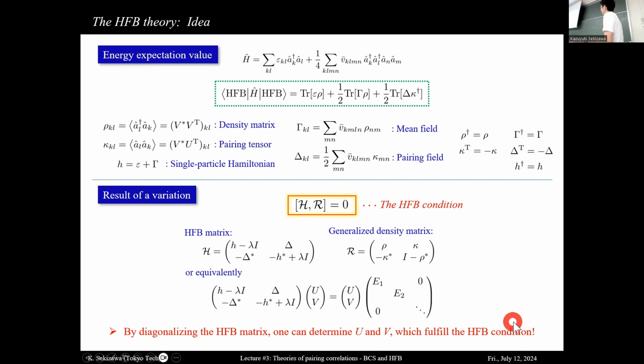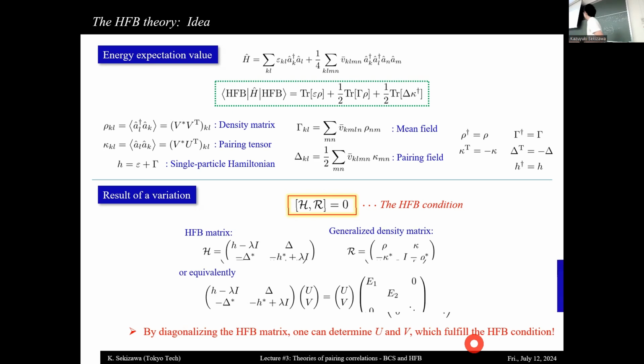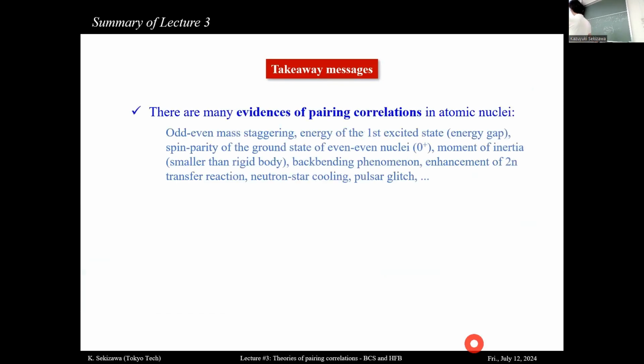Okay. And then I think this is almost the end of this lecture. Okay, so let me summarize. In this third lecture, I first introduced what pairing correlations are and what the properties of pairing, Cooper pairs, in nuclear systems are. And there are various evidences of pairing correlations in atomic nuclei.